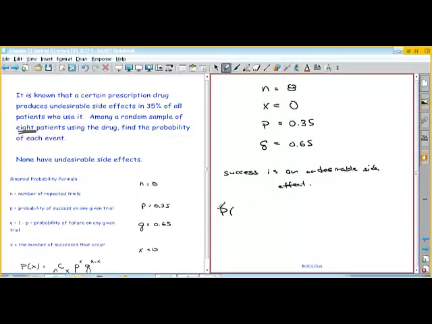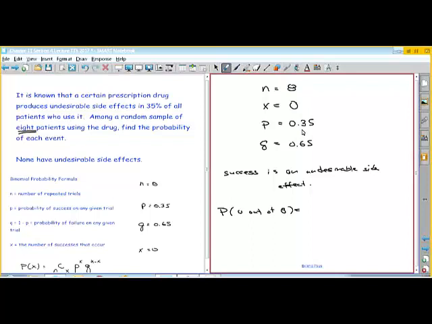So now that we've figured those things out, the rest should be a piece of cake. So 0 out of 8. I'll let you set up the rest of it and see if you can calculate an answer. It's somewhat easy because one of the subscripts is 0, so we know what that is in terms of combinations.